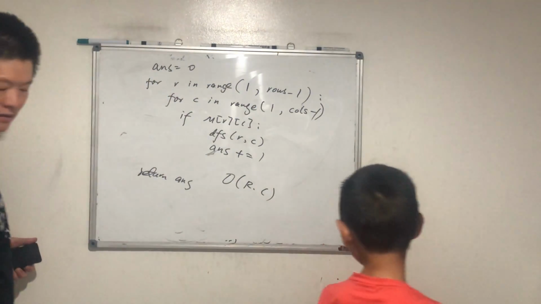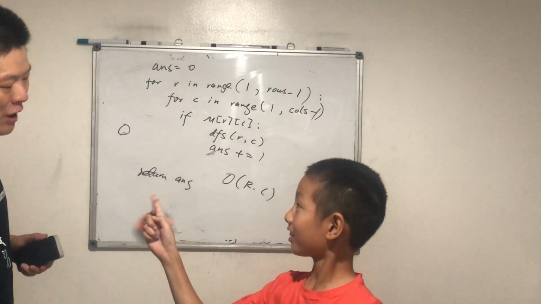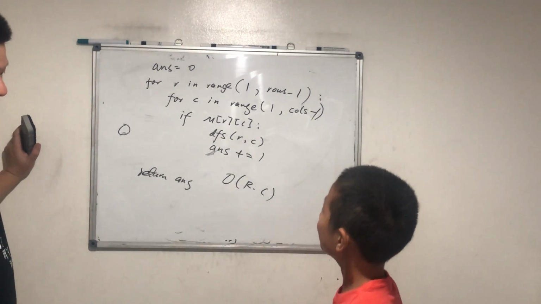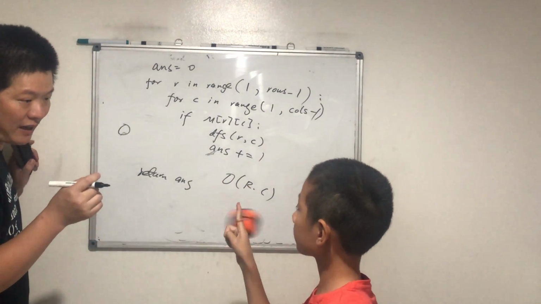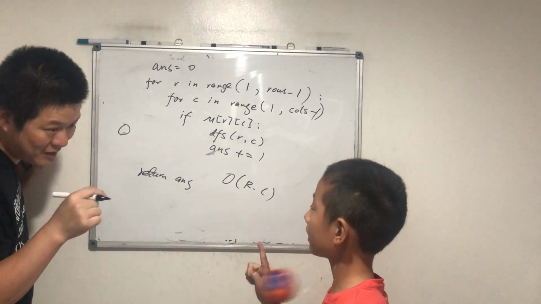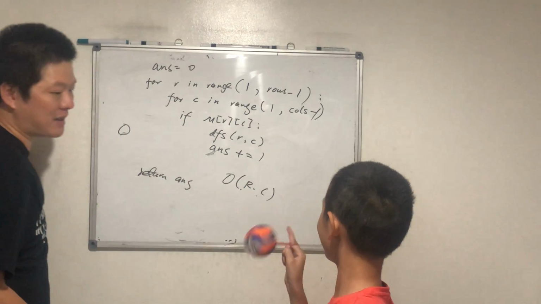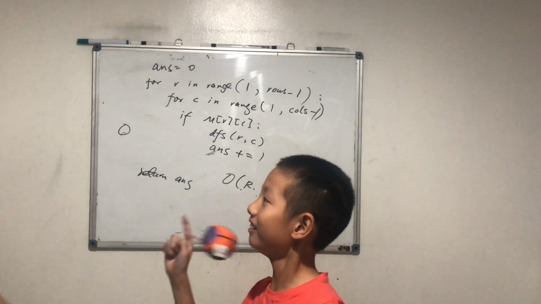Because I'm using rows and columns. There are R times C pixels, and each pixel is visited a constant number of times, so that's O of R times C.